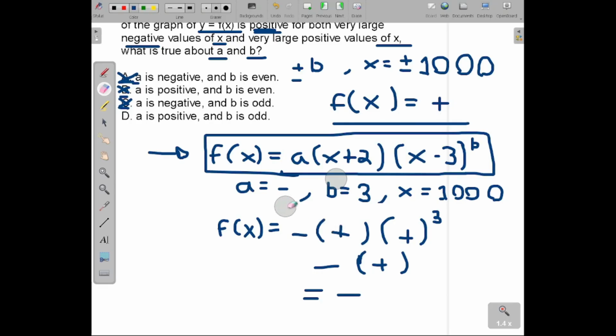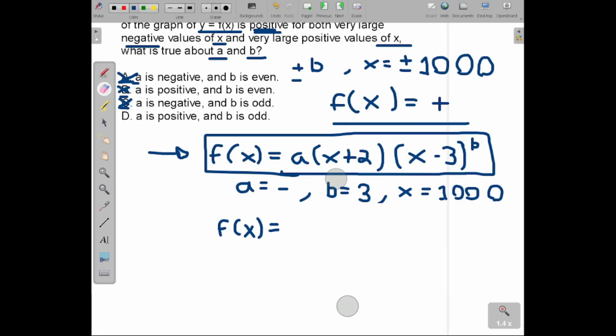So it should be D. Let's see. Now, A is positive and B is odd. We replace the signs in the function. A is positive.